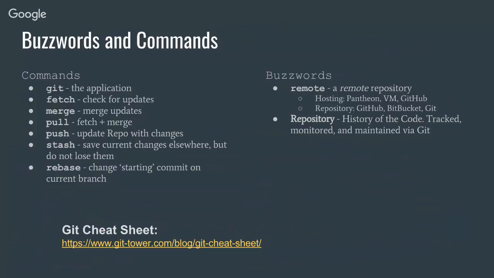Git is the application. So you have Ruby as an application, Homebrew is an application, Word is an application, PowerPoint is an application. In these sets of buzzwords, Git is the actual application you're using. For commands, fetch checks for updates.